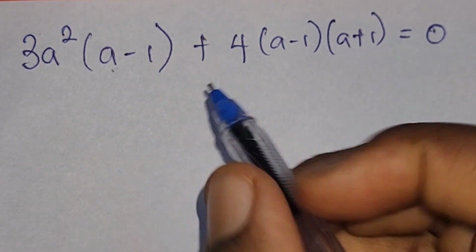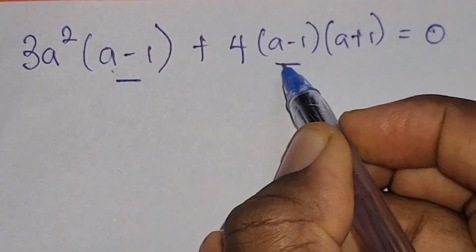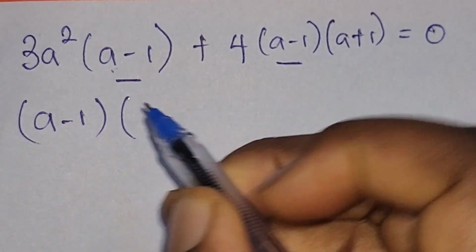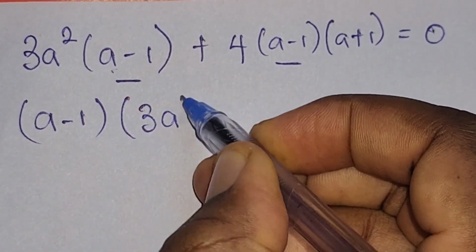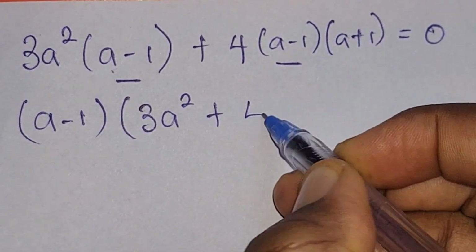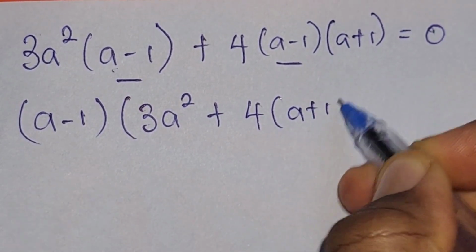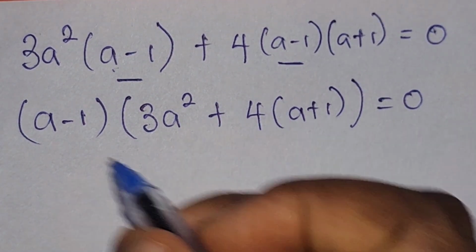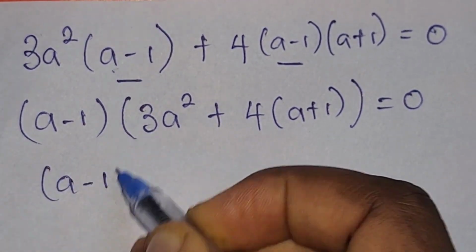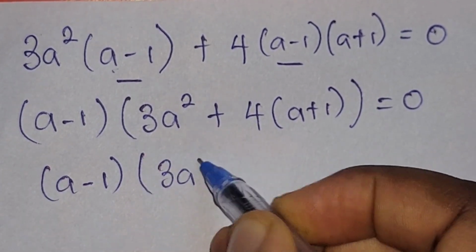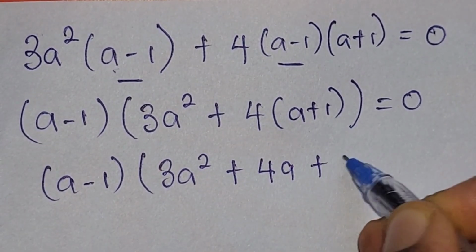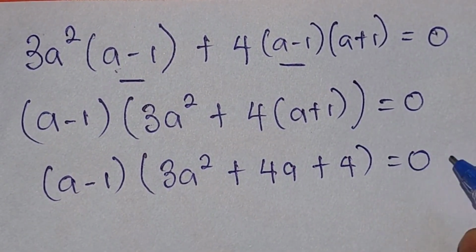So when we factor out a minus 1, we are left with 3a squared plus 4 times a plus 1 is equal to 0. When we open up this value, we have 3a squared plus 4a plus 4, and this is equal to 0.